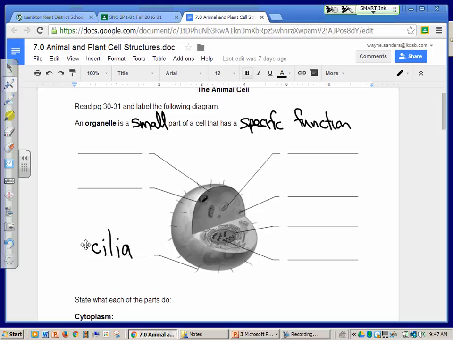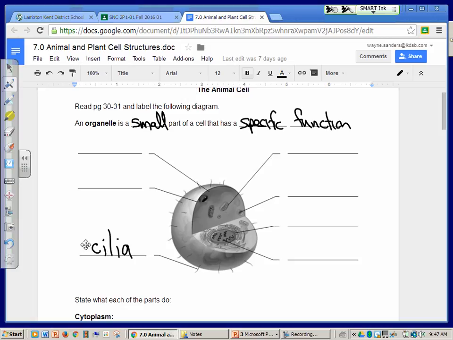It doesn't stay down there because in the walls of your lungs and of your windpipe, those cells have little cilia, and those little cilia keep pushing, and they push the phlegm up out so you can get rid of it, right? If you didn't have those cilia, that mucus would stay down in your lungs, and it would be bad. You'd get an infection down in your lungs, et cetera.